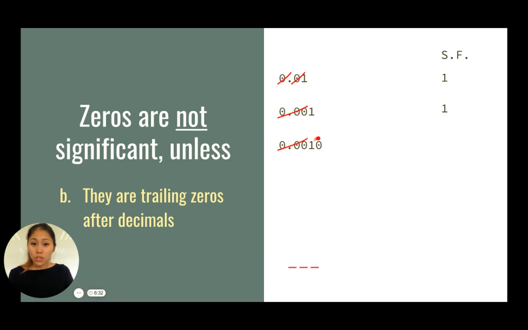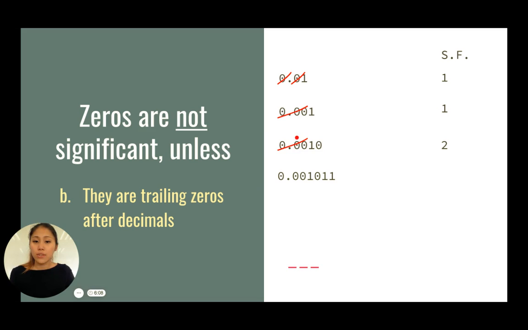This zero is definitely significant because it is first after this decimal point, right? So it gives us an accuracy. But also, this zero is trailing after this 1. So this zero is the last thing that is in this value. This leaves us with 2 significant figures for 0.001 with a 0 trailed behind.